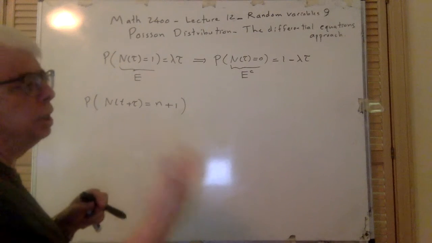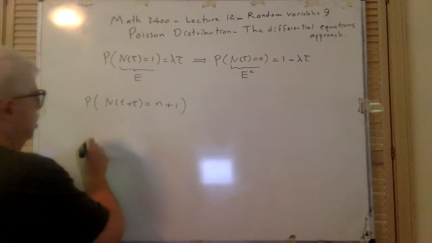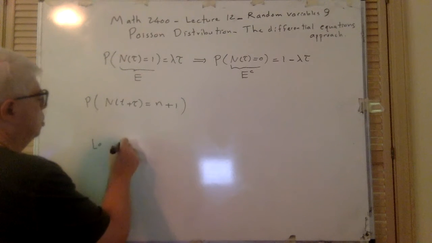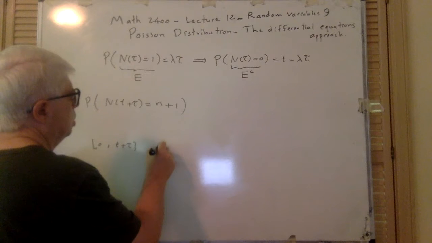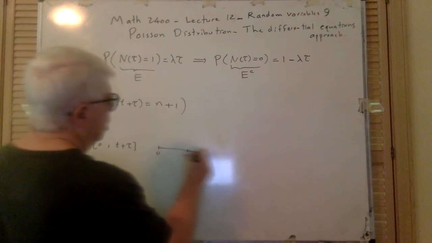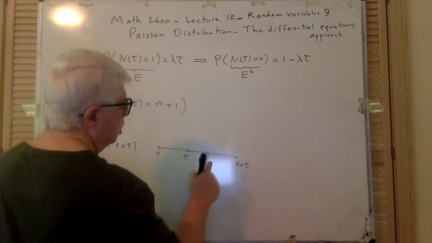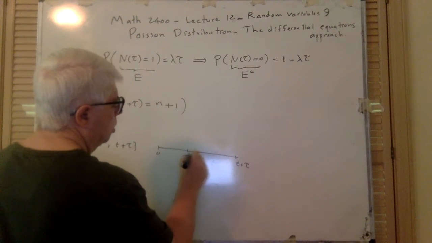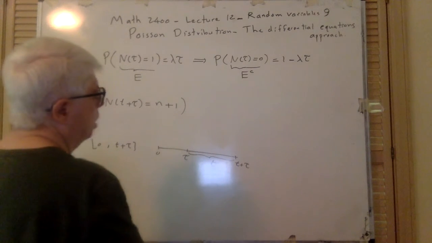So you have 0 here, tau here, and then t here, this is t + tau, right? So if this time interval has length t, then that's t + tau.